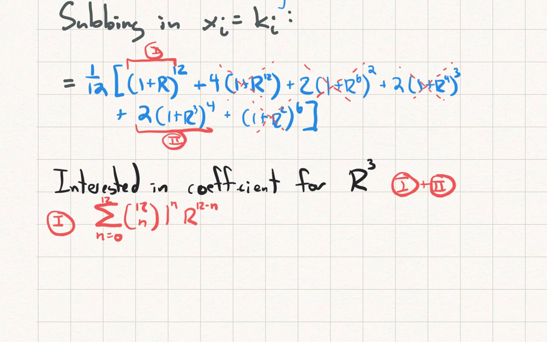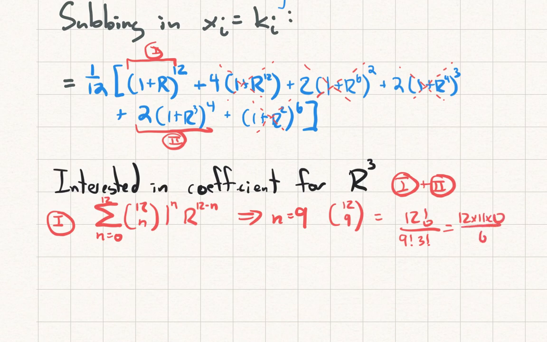So, let's set n equal to 9 in this case. So, we're looking for 12 choose 9. So, let's write that out. That's 12 factorial over 9 factorial, 3 factorial. So that's 12 times 11 times 10 over 6.